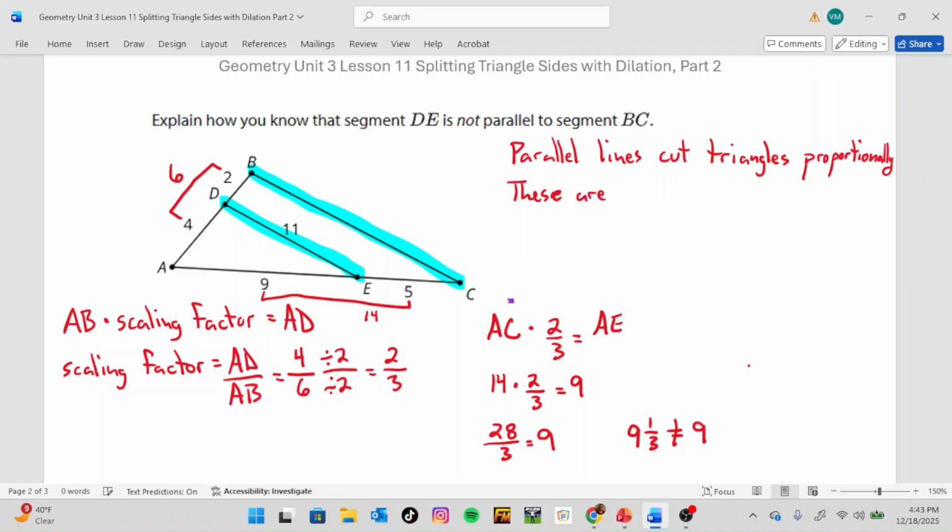These are not proportional. Therefore, they are not parallel. So that is how we can prove it.